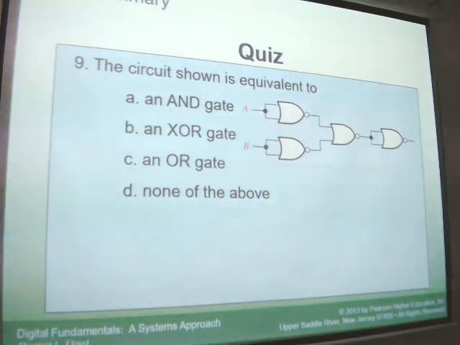A bar or B bar. A bar, B bar, double bar, so it equals A double bar and B double bar. So it becomes AB.